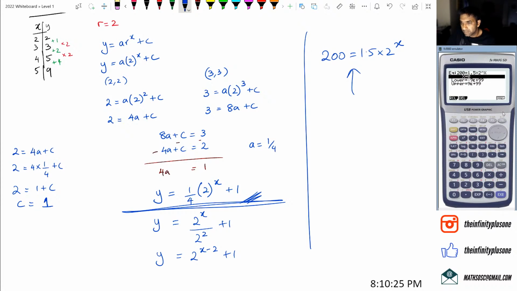And when you click enter and then click on solve, you should get the x value for that. So you can say x is equal to 7.059. Now this part you can use a graphics calculator for, but like I said, this is actually level 2 stuff. They really shouldn't be asking you this type of question, and if they do, that's pretty nasty, to be honest.